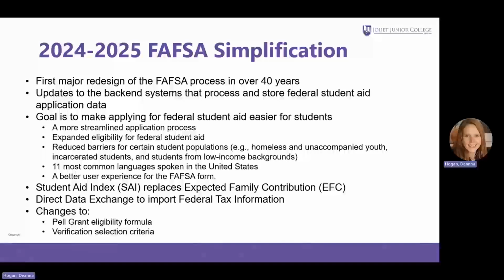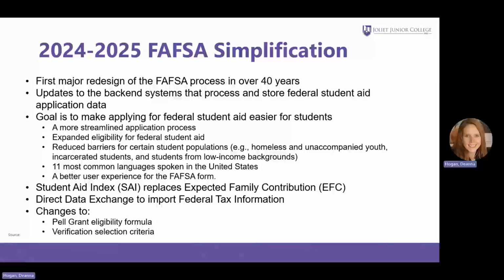Big changes are coming to the FAFSA application for the 2024-2025 aid year. These changes, brought about by the FAFSA Simplification Act, passed by Congress in 2020, represent the first major redesign of the FAFSA process in over 40 years.